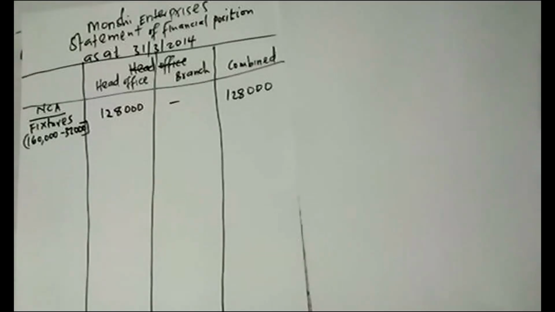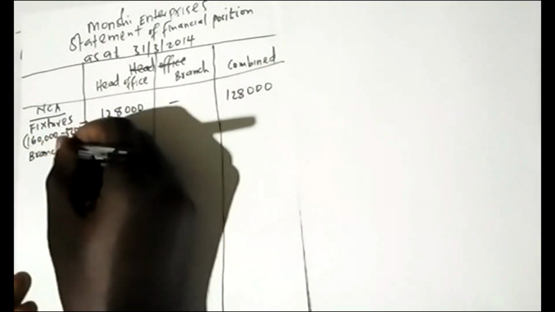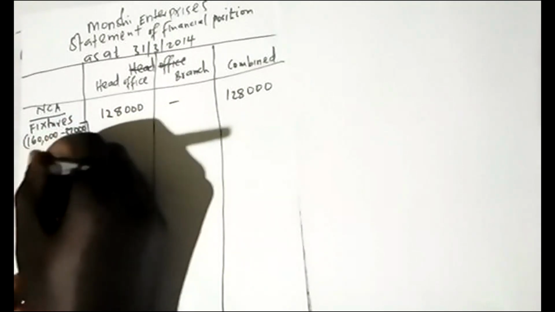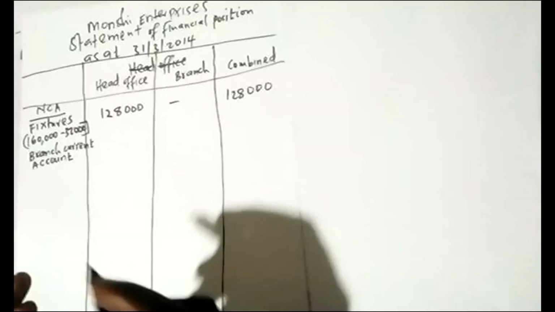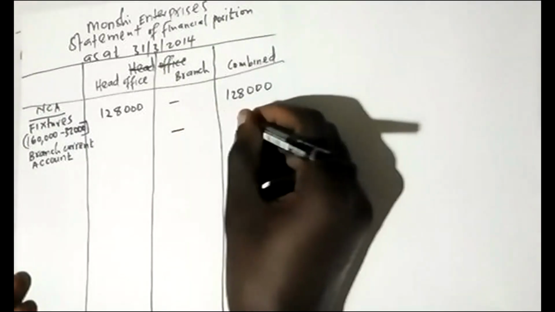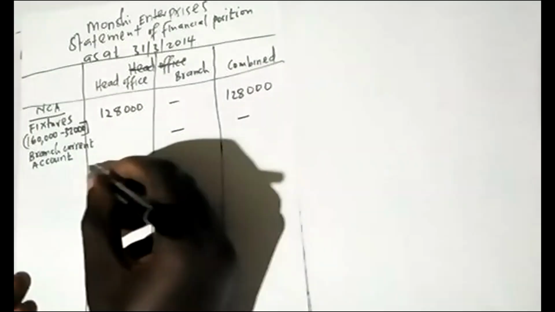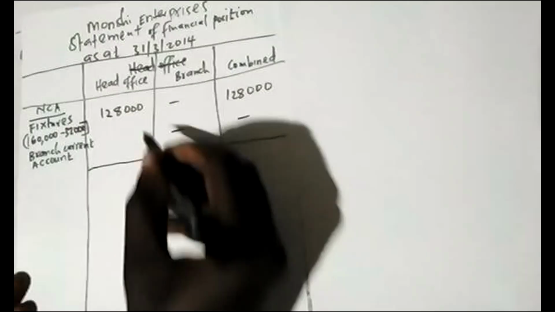So we prepare branch current account. That one I will come to do later, and it will appear only under the head office. So I will skip a space there. It's going to be done later here.